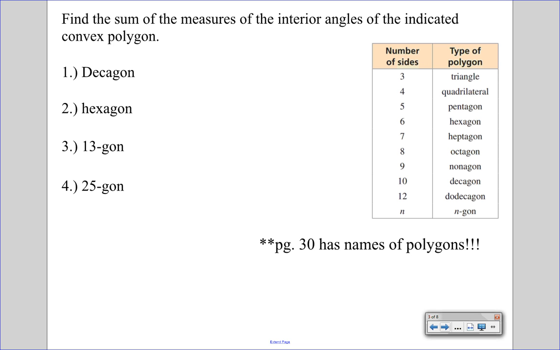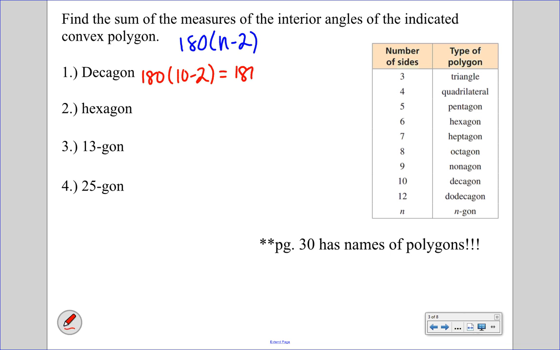So to find the sum of the measures of the interior angles, we're going to use our formula, 180 times n minus 2. And so for number 1, the decagon is going to be 180 times 10 minus 2, which is 180 times 8, which is going to end up to be 1,440 degrees.